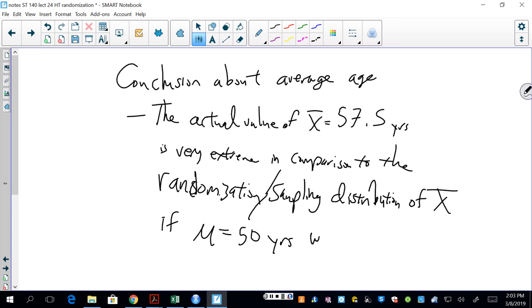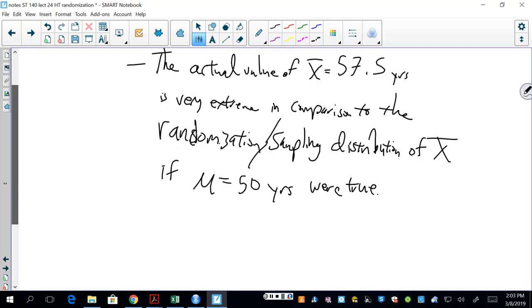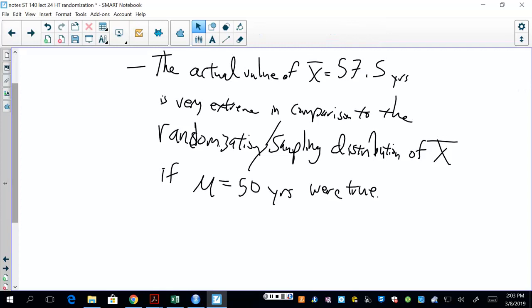If 50 years were true. So we adjusted the data over to 50, and we simulated what X bar would look like. And our actual one is way outside of that.